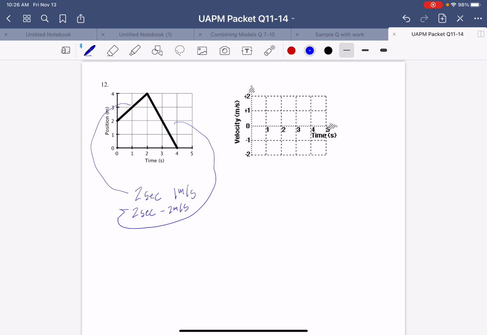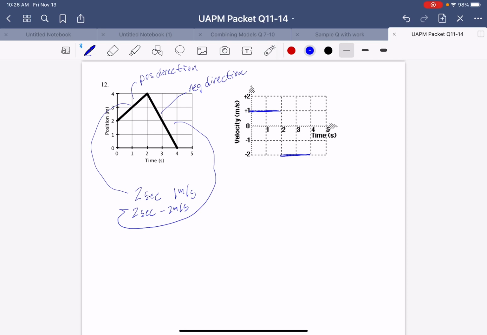All I did was find the slope of those lines. Remember, a positive slope is a positive direction, and a negative slope is a negative direction. So let's draw this on my velocity time graph. For the first 2 seconds, I have positive 1 meter per second, and for the next 2 seconds, I have negative 2 meters per second.